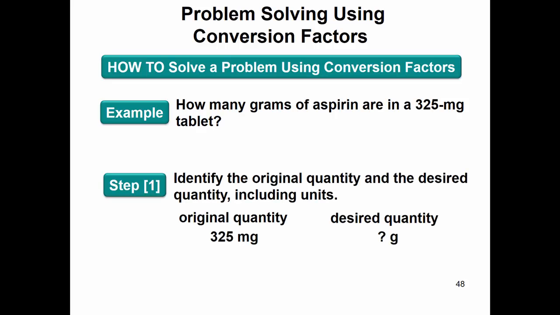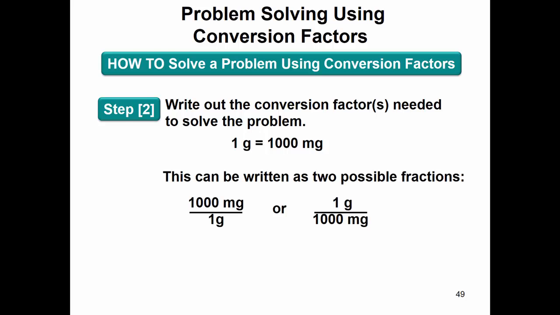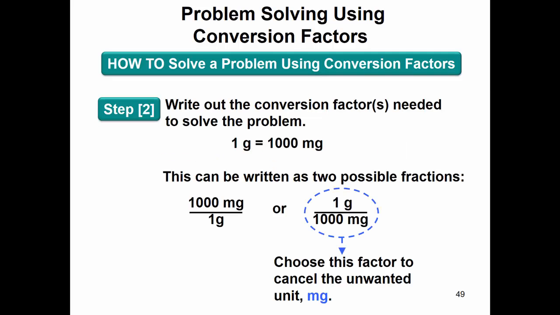Here's another problem. We have a 325 milligram tablet, and we want to find the grams in this tablet. The first thing we always do is write out what you know, and think about your conversion factor.